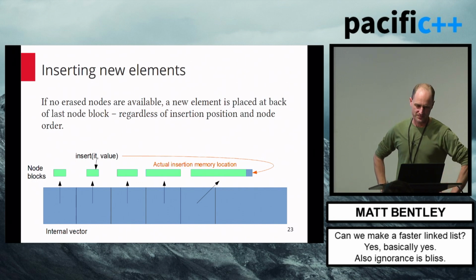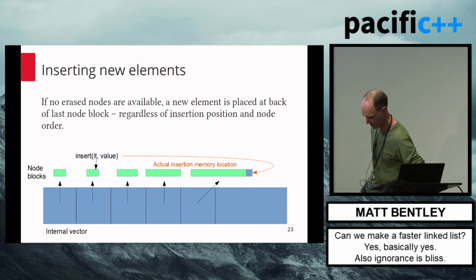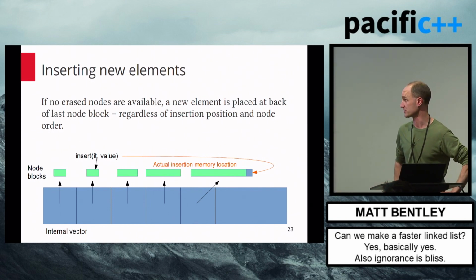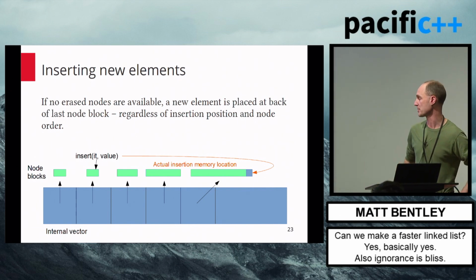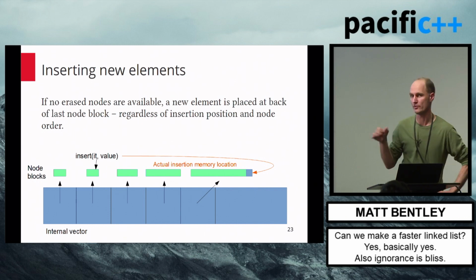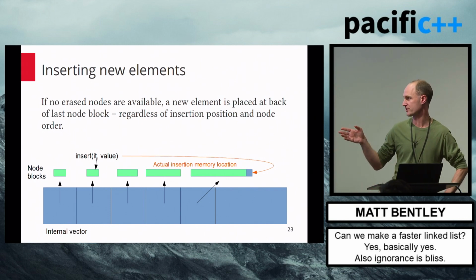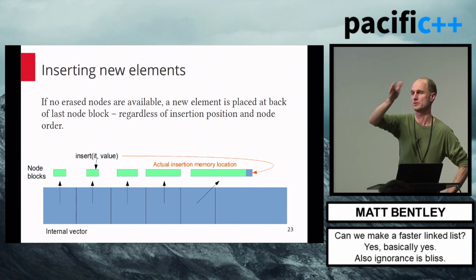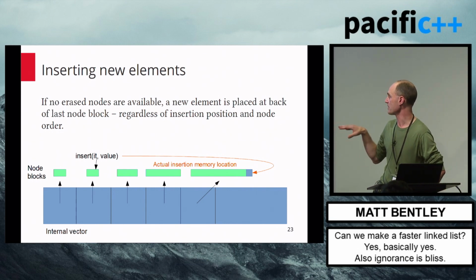When we're inserting into the middle of the container, and there are no reusable nodes available, so nothing's been erased at this point, we've got no choice but to insert to the end of the last memory block. That's okay, there's not really too many ways around that, but what we end up with is an iterative sequence in memory which looks like jump, jump, like that. So we want to avoid that as much as possible.